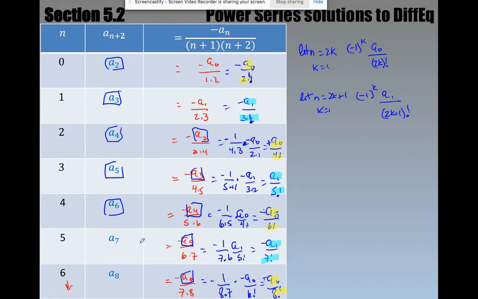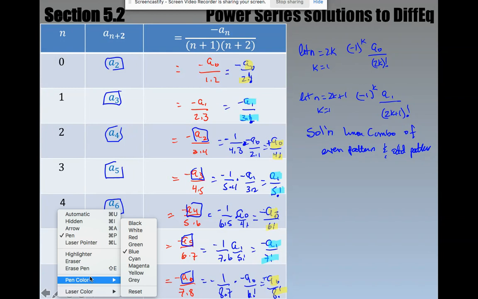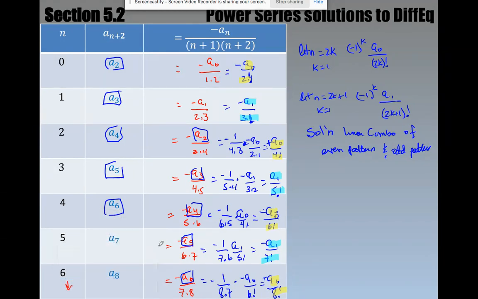So how do I write my solution? My solution then is going to be a linear combo of my even pattern and my odd pattern. So y is going to equal a summation plus a summation.